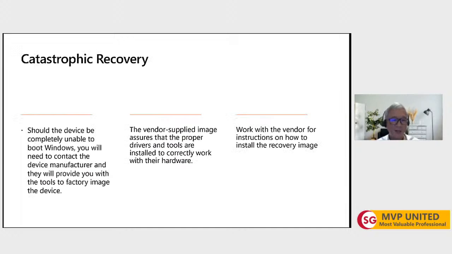So in the case where you can't even log in as an administrator to run that command, and you can't log in at all, then it's what we call a catastrophic recovery. In that case, you will need to contact your device manufacturer, depending on who you bought it from. They will provide you the tools to actually do a factory image to the device, right?